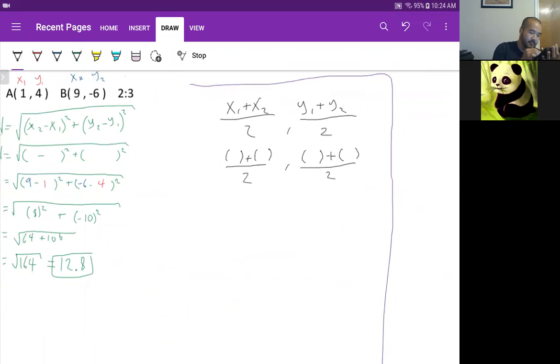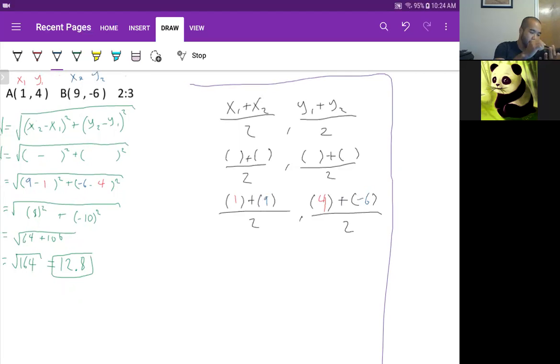So your first step, I'm gonna leave it like that. So here's my first step. x1 is 1, y1 is 4. And then x2 is 9, y2 is -6.